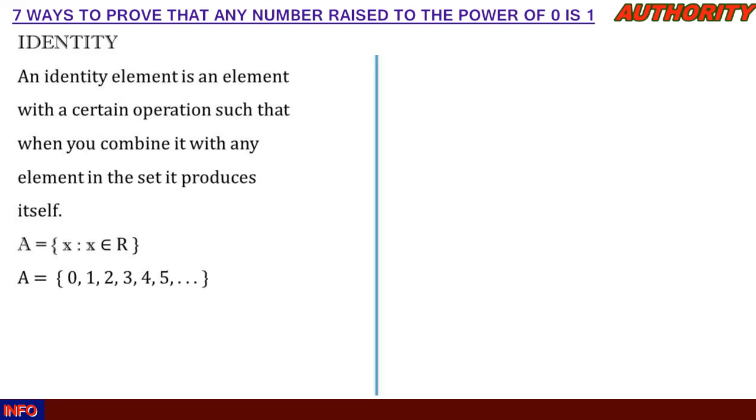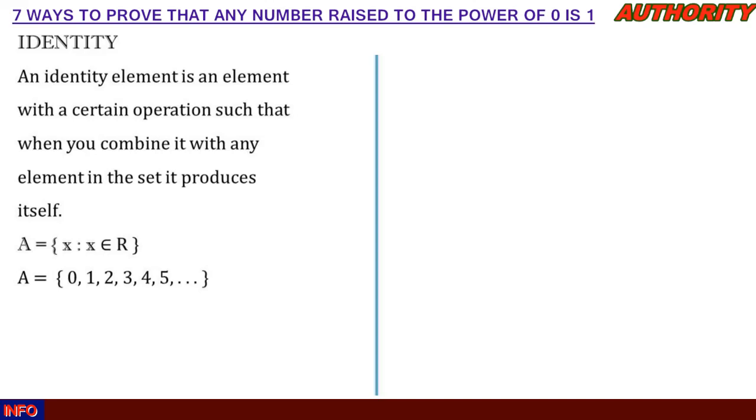In this set there is an identity element such that when you pick this identity element and perform an operation with any member of this set, it will produce itself.